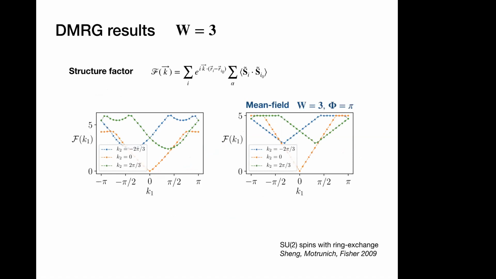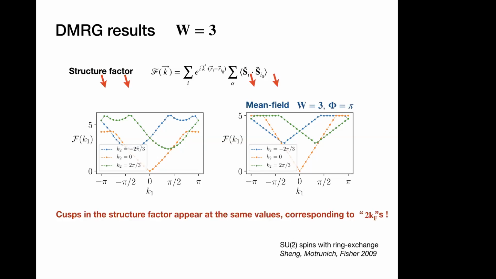On the right, you can see the structure factor you would expect from the mean field ansatz I showed you before, so simply uniform hopping on a triangular lattice using antiperiodic boundary conditions. You can see that all the main features, the cusps in the structure factor, show up at exactly the same points, and these points exactly correspond to the 2 kFs of the Fermi surface.